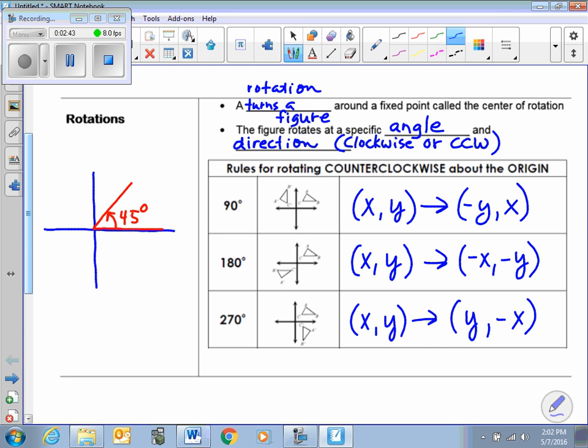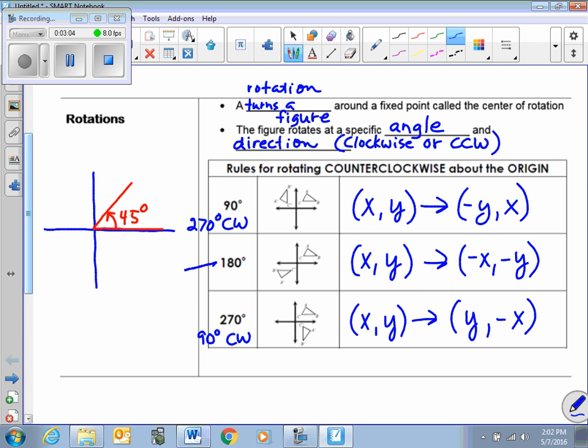Let me also point this out, that 90 degrees counterclockwise would also be the same as a 270-degree clockwise rotation, and a 270-degree counterclockwise rotation would be the same as a 90-degree clockwise rotation. And how about 180?